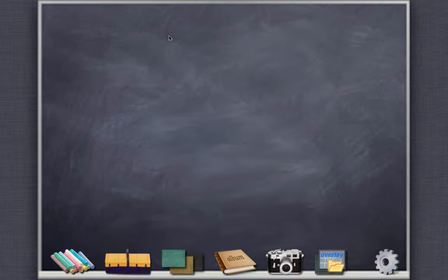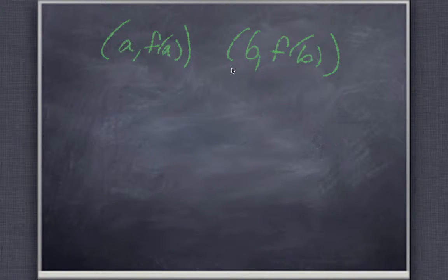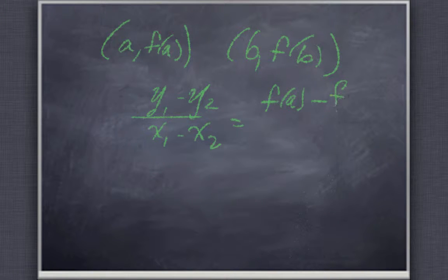So I mentioned in the previous one that if you have, say, A, f of A, and B, f of B, so this is just 2 points on the graph of f, any 2 points, then the average rate of change, which is slope, so y1 minus y2 over x1 minus x2, the first y is f of A, the second y is f of B, and then down here we have the first x minus the second x. So this is the average rate of change between 2 points.